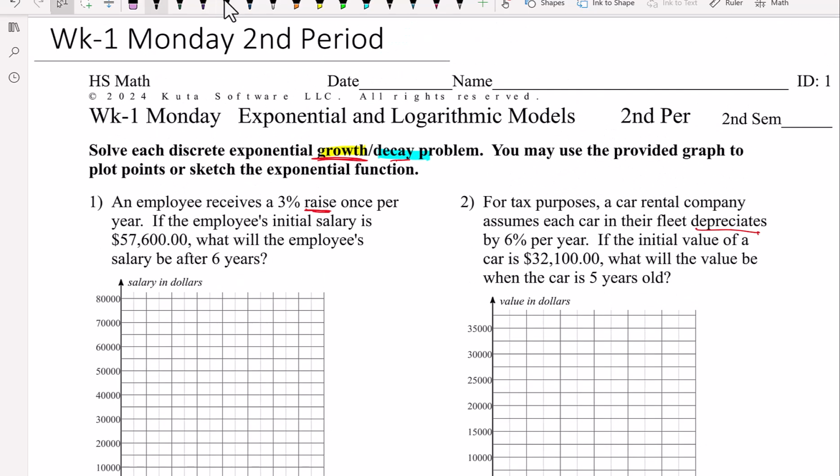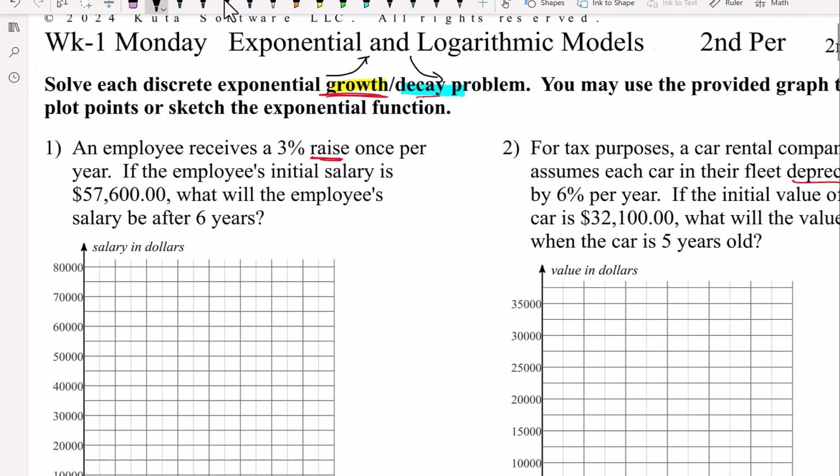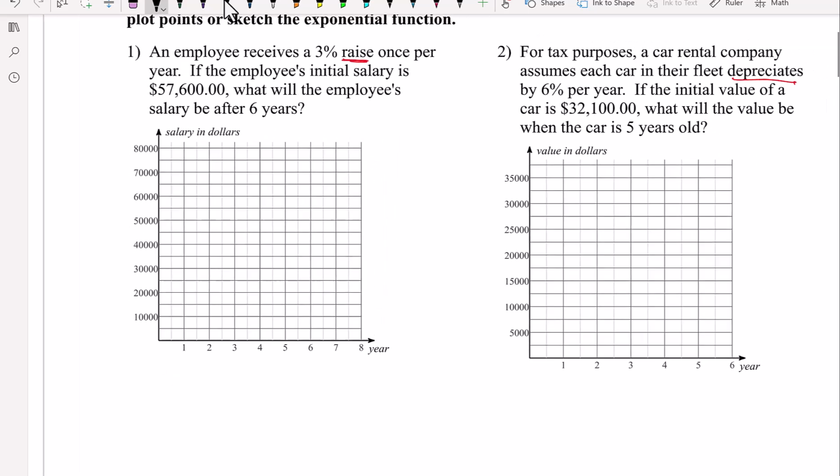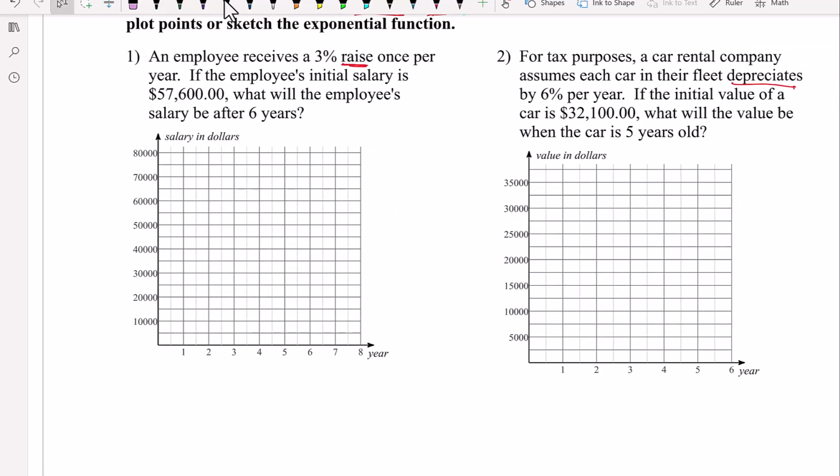So here's a good rule of thumb. Exponential growth graphs look like this. Exponential decay graphs look like this. And I'll show you on the graph a little bit later. But on these types, here is a general formula to follow.